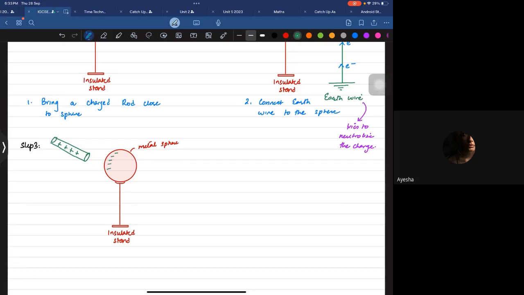And we remove the earth wire. So what we've done is, in the third step, remove the earth wire. By removing the earth wire, the extra electrons which had entered into this sphere are now trapped. Do you guys get it? They can't go anywhere now.